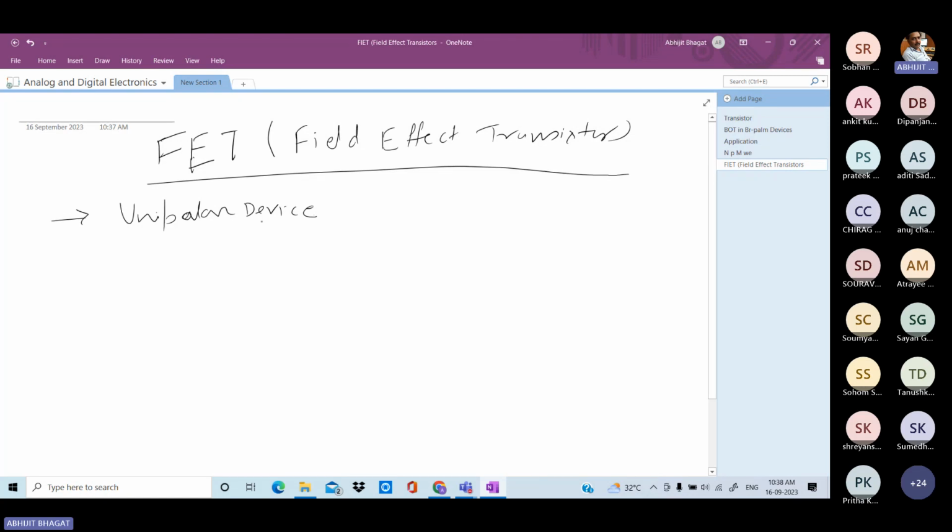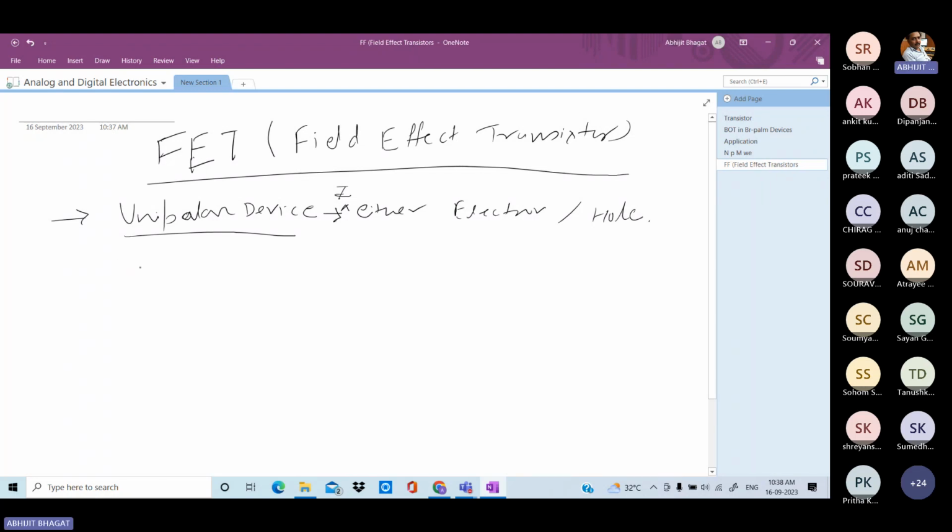In case of FET, current flows only due to one type of charge carrier, either electron or hole, not both. So it is a unipolar device. Is it clear?